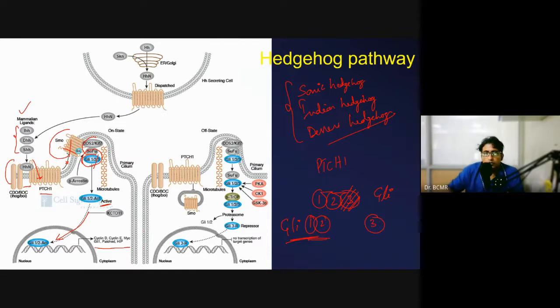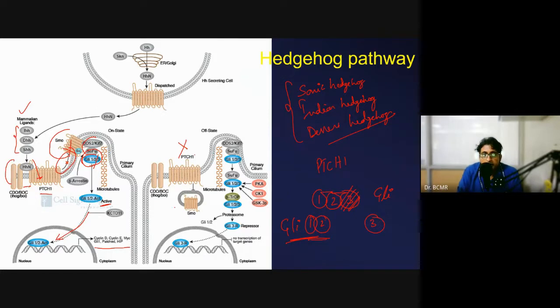If there is no ligand, or the hedgehog ligand is not bound, then Patched is in an active state. Sorry, I said something wrong here. Okay, my mistake. So normally, what would happen if the ligand is not present?